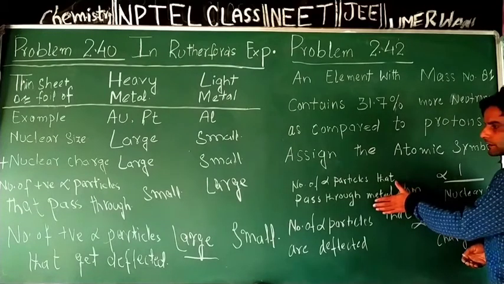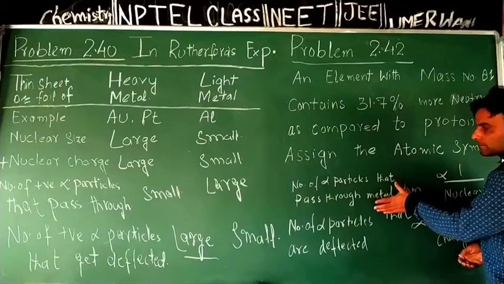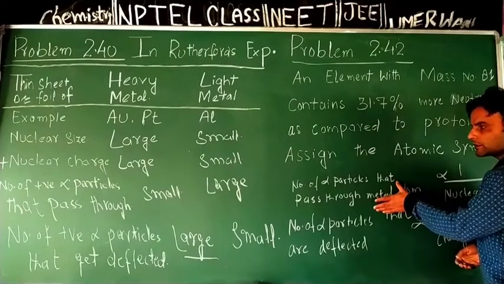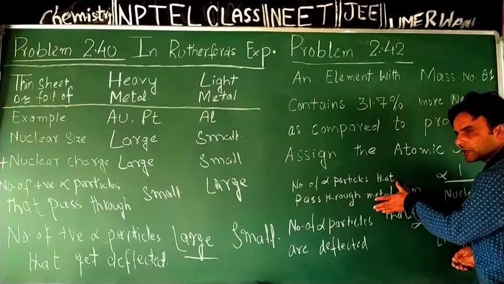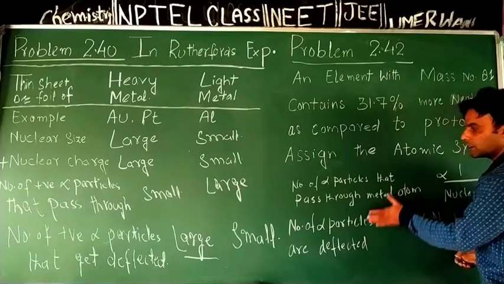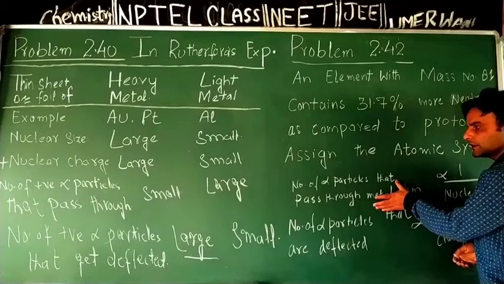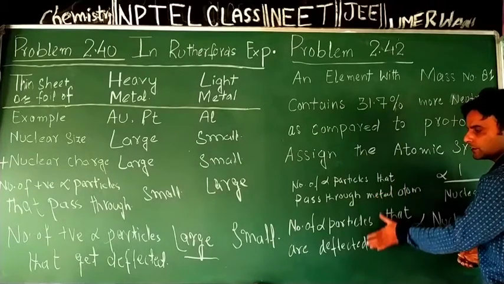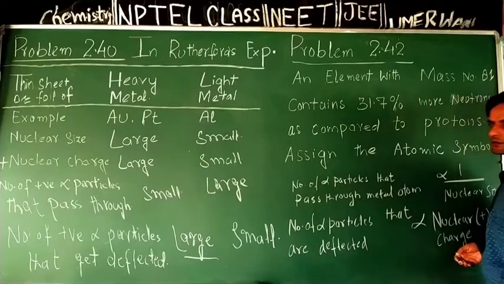So if a metal atom allows a greater number of alpha particles to pass through, it will allow fewer particles to get deflected. Or if a metal atom allows fewer alpha particles to pass through, it will allow more alpha particles to get deflected.